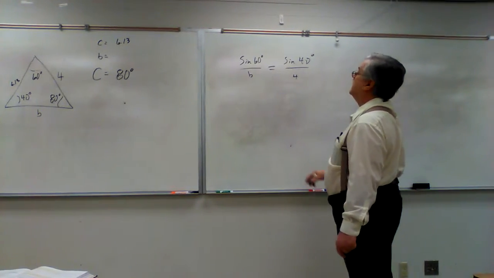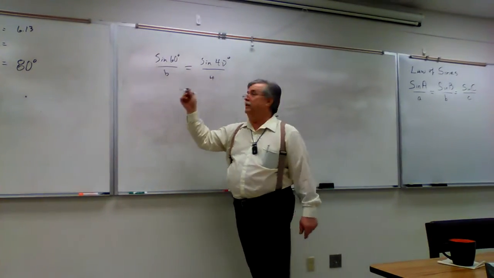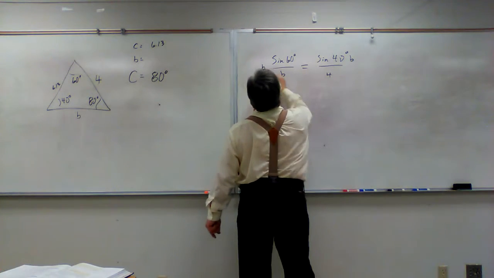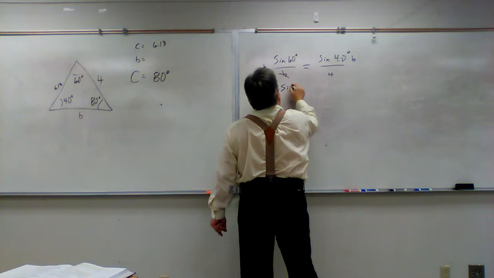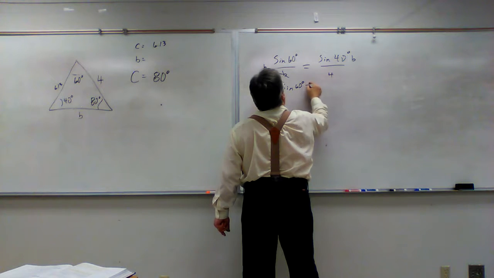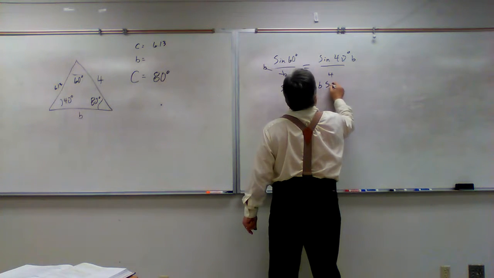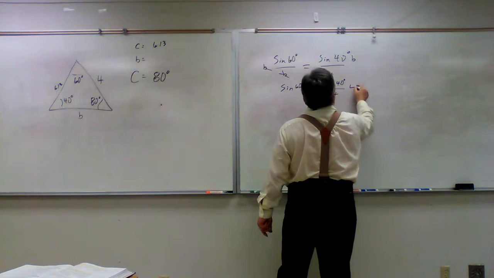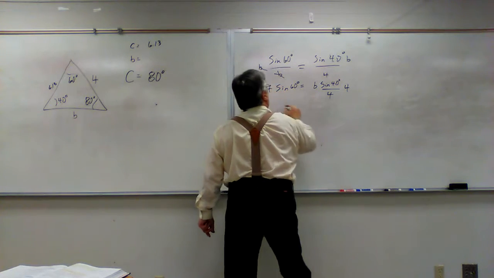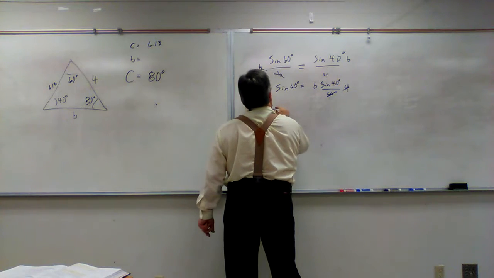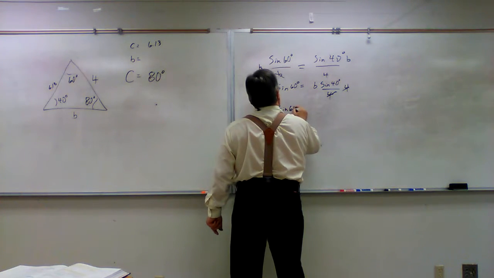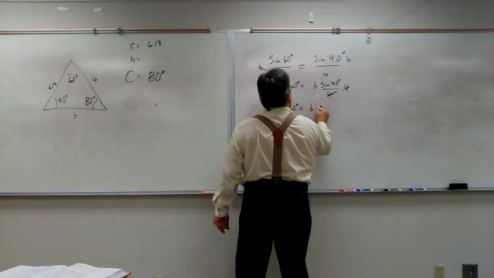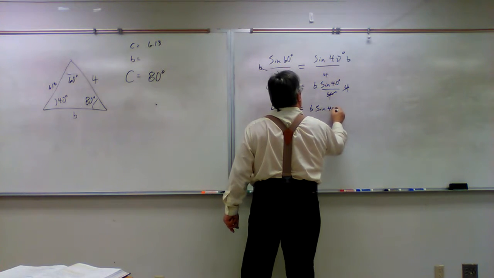So, multiply both sides by B. And we get sine 60 is equal to B sine 40 over 4. We multiply both sides by 4. And we have 4 sine 60 equals B sine 40.